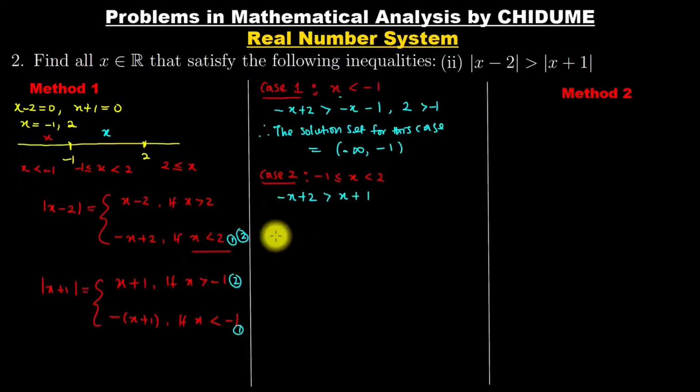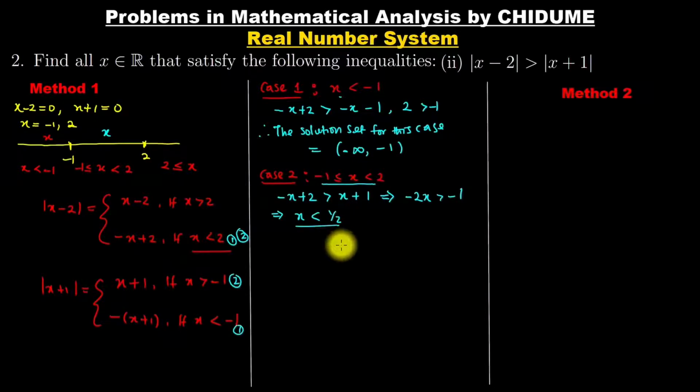If I collect like terms, I'm going to have -2x greater than -1. And if I divide by the negative sign, that means x is going to be strictly less than 1/2. So I have this condition here and I also have this result here.